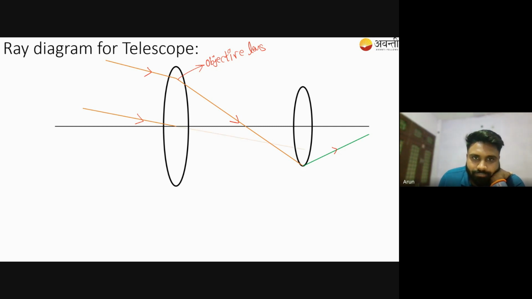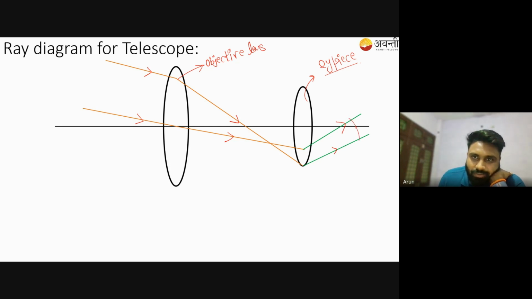Okay. Now this ray, without any deviation, will move. And after refraction from this lens, this is the eyepiece. So after refraction, it moves in this direction.